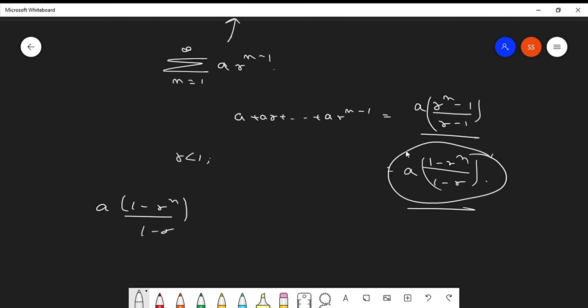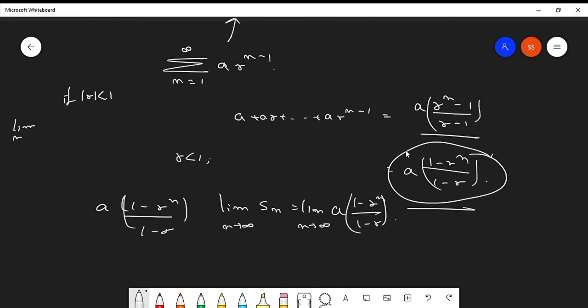Now see one thing. Let limit n tends to infinity Sn equal limit n tends to infinity a times 1 minus r to the power n over 1 minus r, right? Now this is pretty much obvious that if mod of r is less than 1, then limit n tends to infinity r to the power n equals 0.